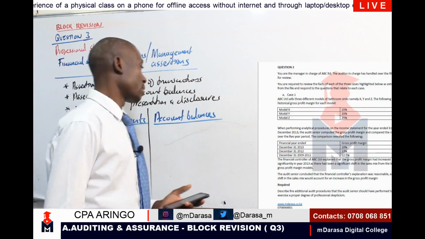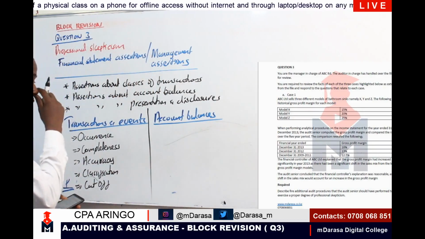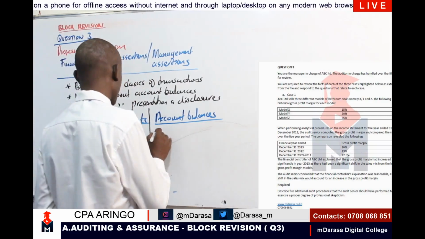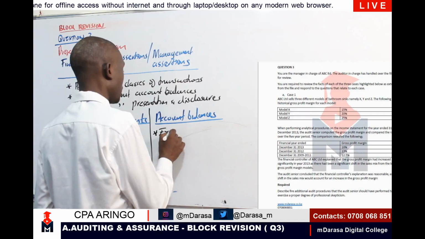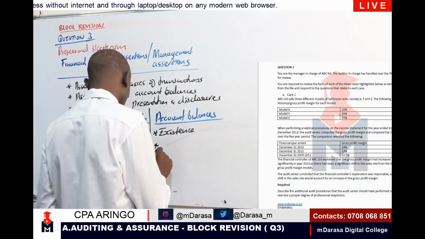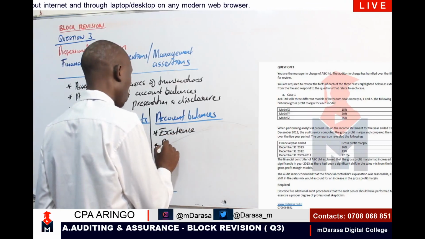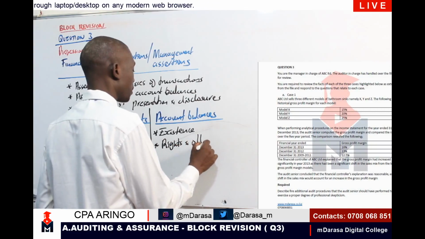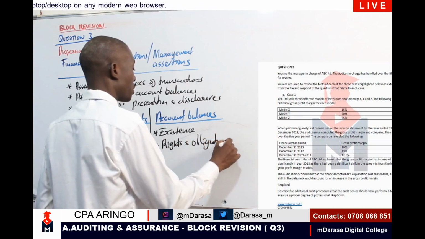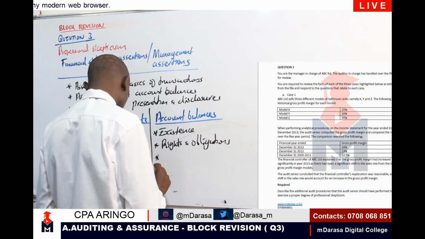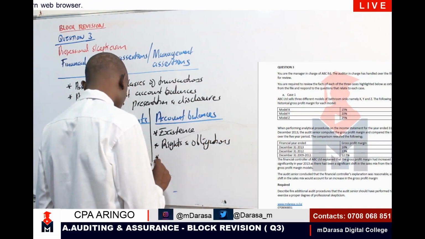Under account balances, the main assertion is that I must prove that the item exists, if it is an asset. So talk about existence. I must prove that I'm actually the one owning these assets: rights and obligations. Another key element we should also understand is the aspect of valuation.